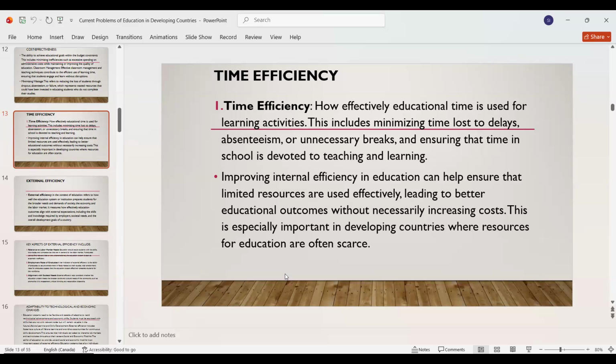They appoint very expert principals to those schools, and the teachers also, because the parents are well educated, so they are expecting standard, quality education, so that pressure is making the teachers work. So this is especially important in developing countries where resources for education are so often scarce, right?